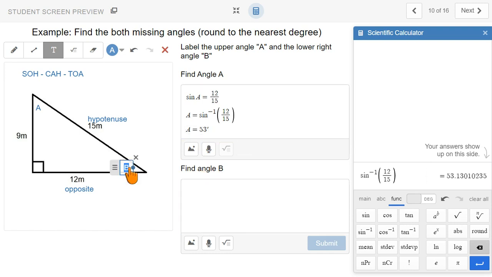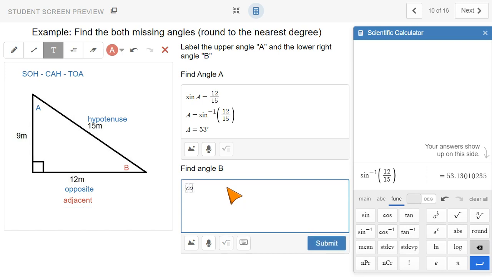Now let's look at angle B. I'm going to use the red to represent angle B. So for B, this is my hypotenuse again, but this time, this side is my adjacent. So if I used adjacent and hypotenuse, that would be my cosine. So we have cosine B is equal to adjacent over hypotenuse.